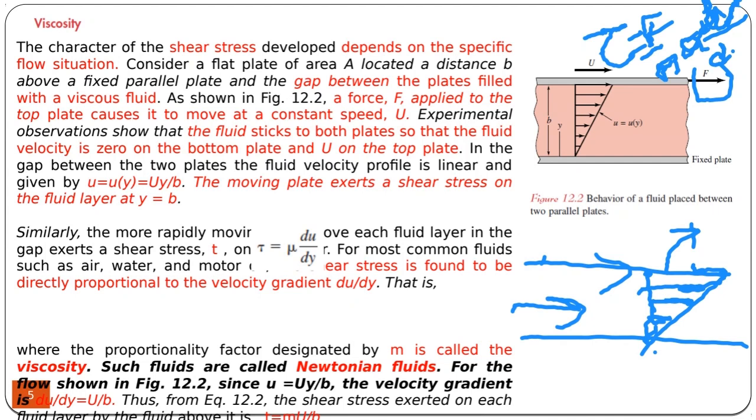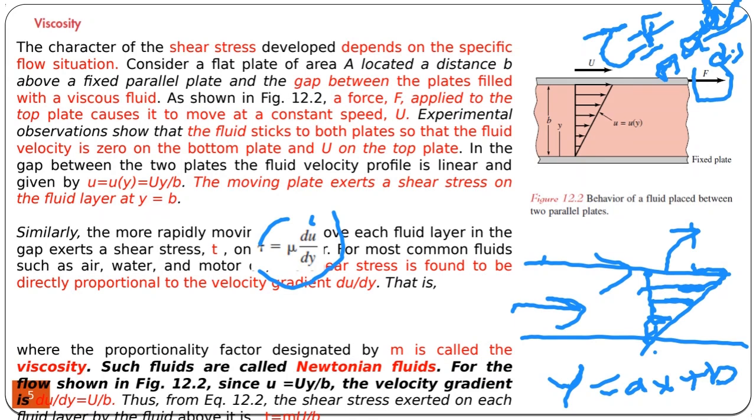If it's linear, what is du over dy? What is the derivative of a line? If you have a line as ax plus b, what is the derivative of it? A, right? A constant value. So in this case, if it's a linear variation of the velocity, its derivative with respect to y will be a constant.